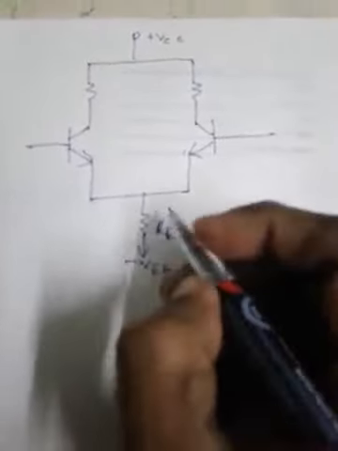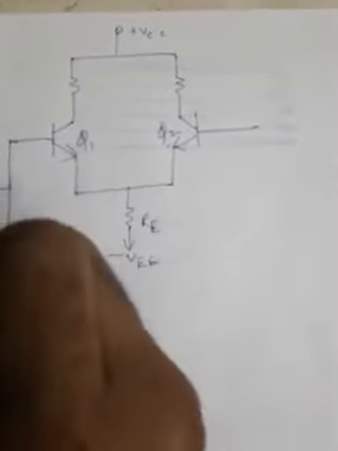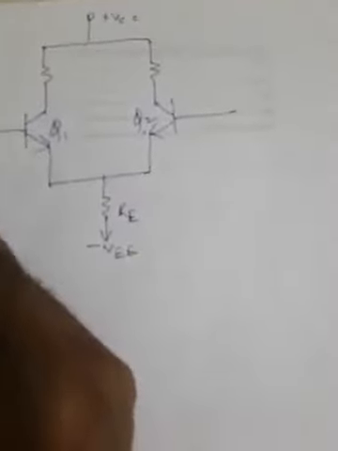At the input of Q1, an alternating signal source Vin is connected, and the same signal source is also connected at the input of the second transistor.